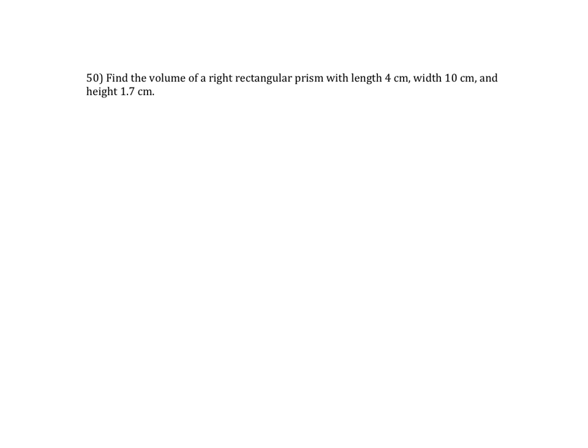And number 50, it says find the volume of a right rectangular prism with length 4 centimeters, width 10 centimeters, and height 1.7 centimeters. So we've got a rectangular prism. It'll look something like this.